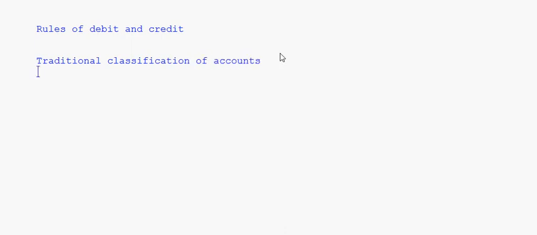Now, in this traditional classification of accounts, we have got three kinds of accounts here: personal, nominal, and real accounts, right? We have got rules for all these three accounts. So first of all, let's try to understand what are these personal accounts.